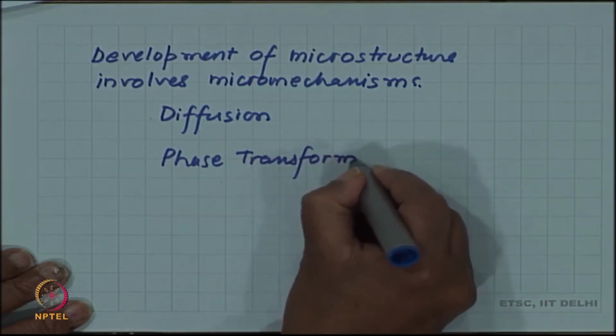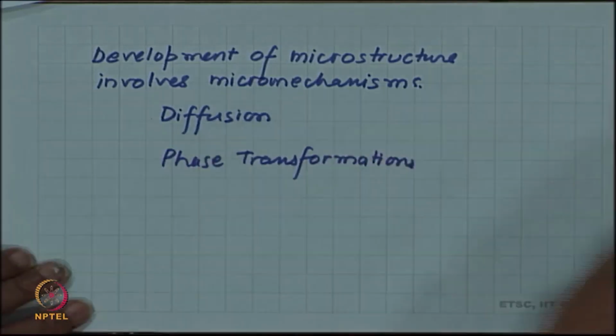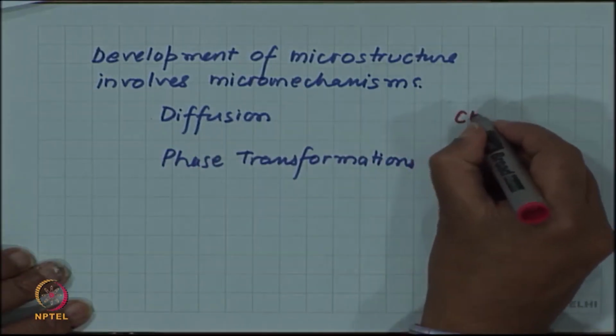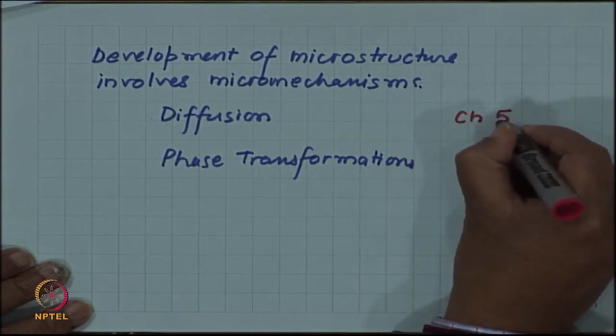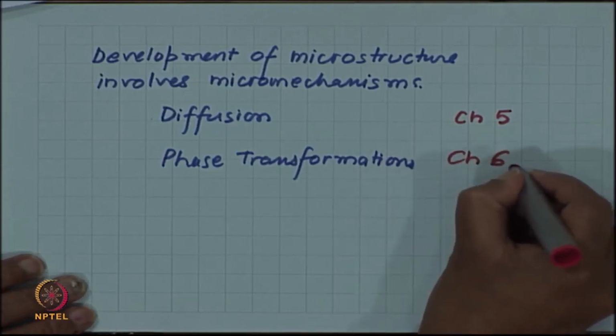So, both of these will be important topics in our course. Diffusion will be our chapter 5 and phase transformation will be chapter 6.